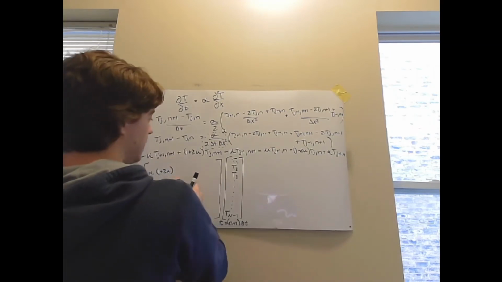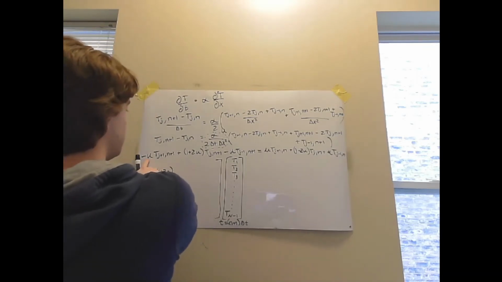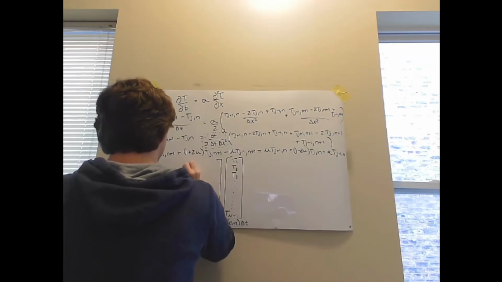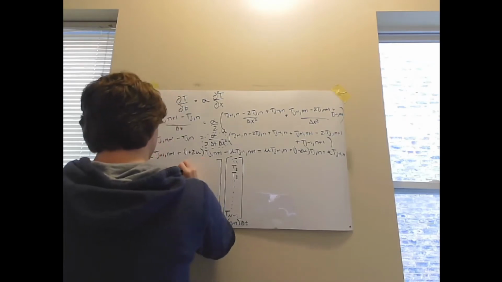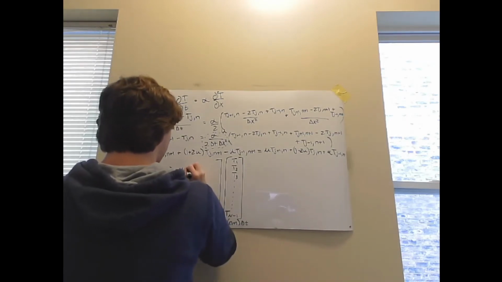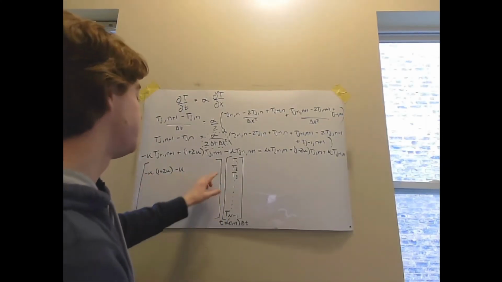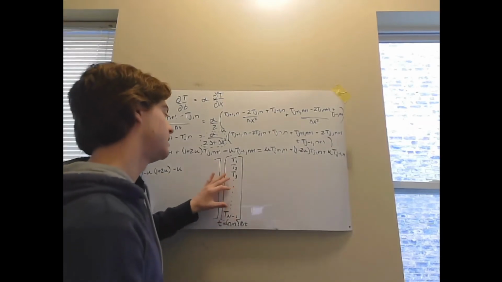And then we're going to have, again, negative u times the next increment, T of 3. And then the rest of these in the matrix are just going to be 0, because the temperature at 2 doesn't depend on T of 4 on.